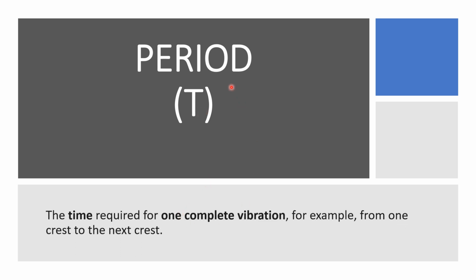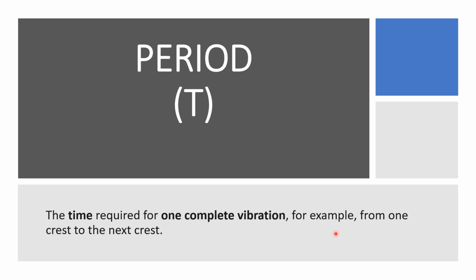Now, let us proceed with period T. So, in solving problem, we will use the symbol T for the period because we are referring to time in this topic. Okay, so let us define period. Period is the time, as what I said a while ago, time required for one complete vibration.